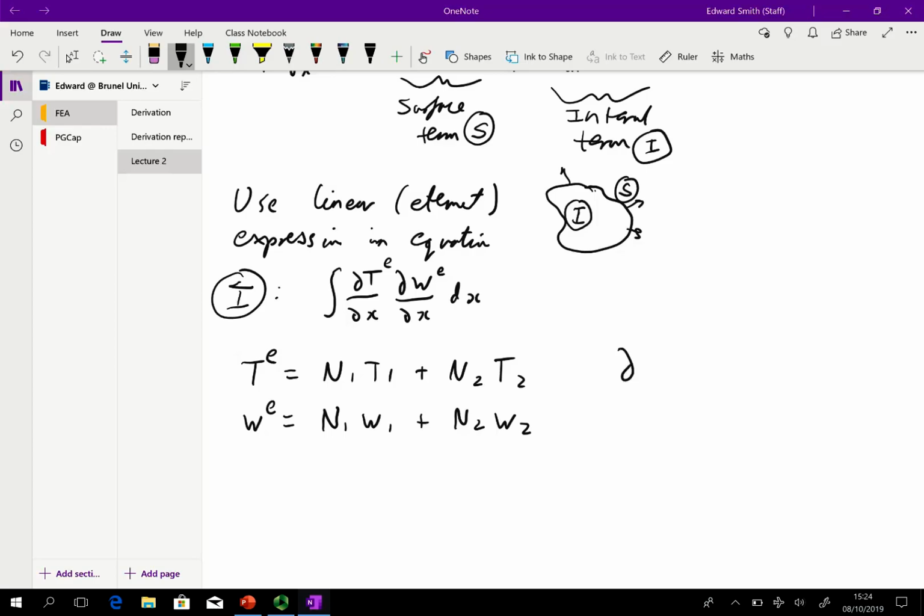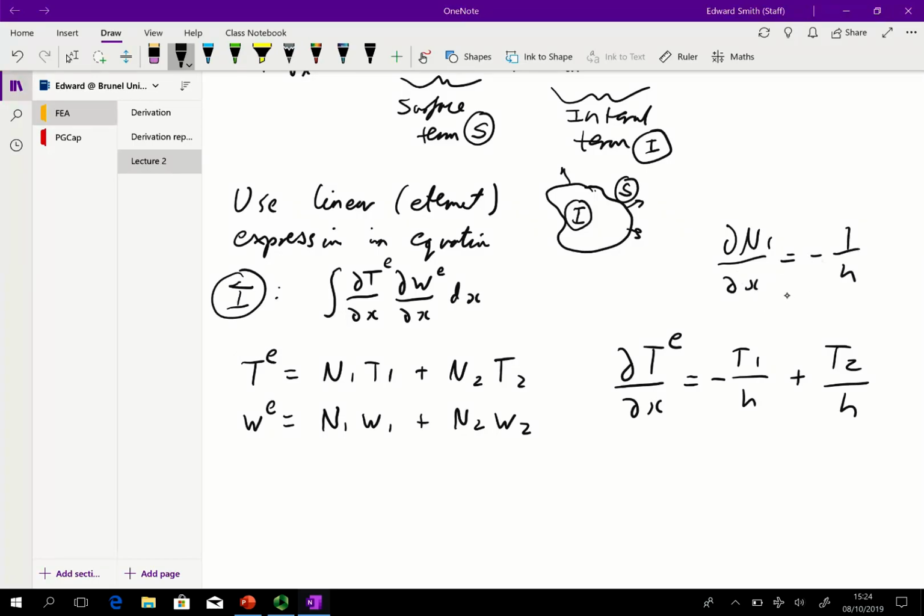Now, as we saw before, dT^e/dx is just equal to T1 over h plus T2 over h. Whereas you remember before, dN1/dx is just minus 1 over h, and dN2/dx is 1 over h.